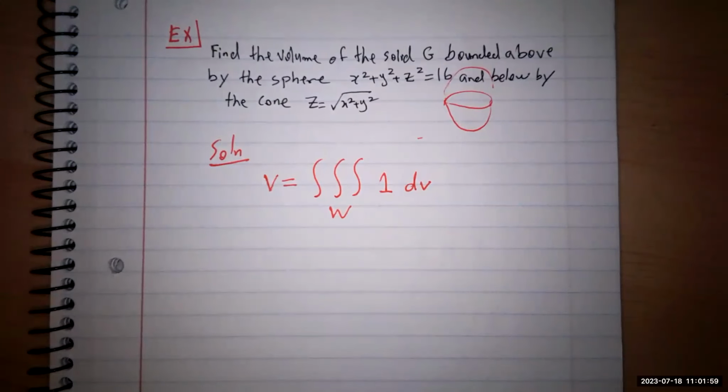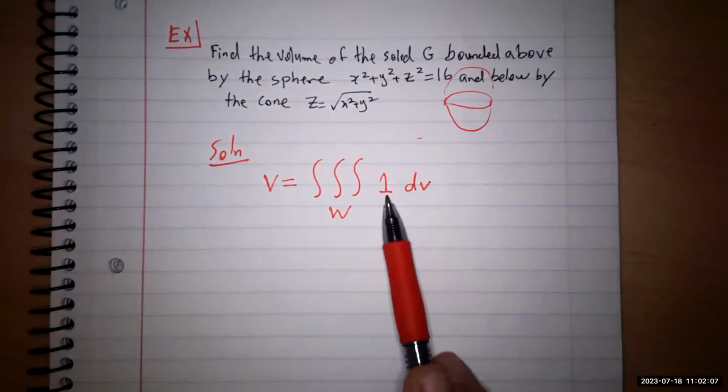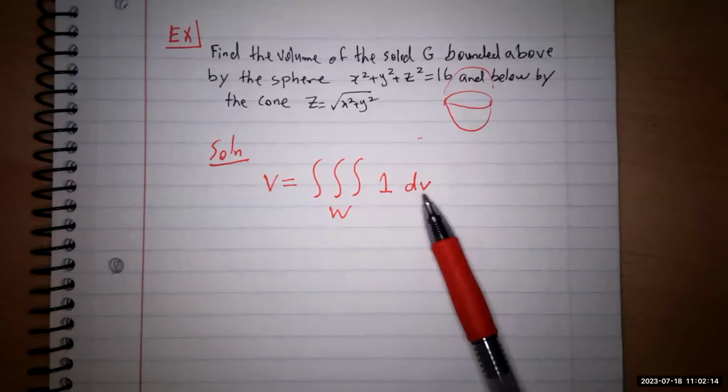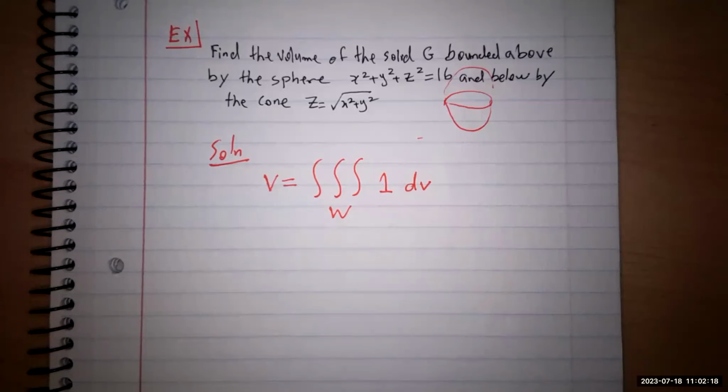The volume can also be done with a double integral. If you go with the double integral, this is going to be dA, the differential of the area, and you need the height, which is going to be your function. You multiply them together, and then that gives you the volume.